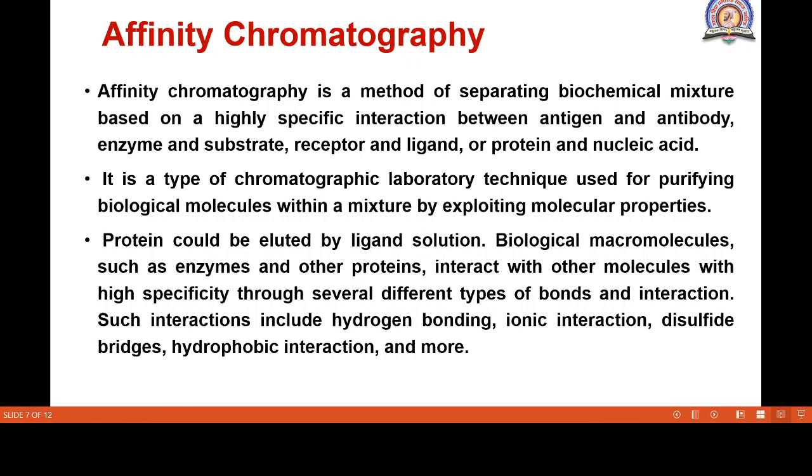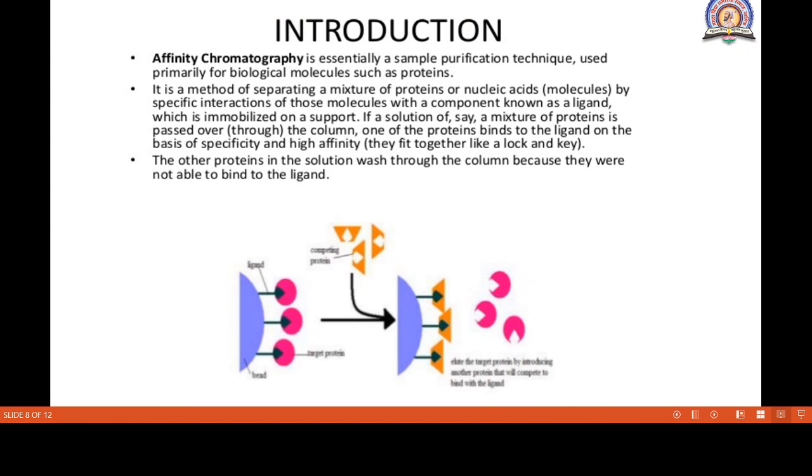This last point is made clear by a figure in the next slide. Okay, so here is the introduction to affinity chromatography.